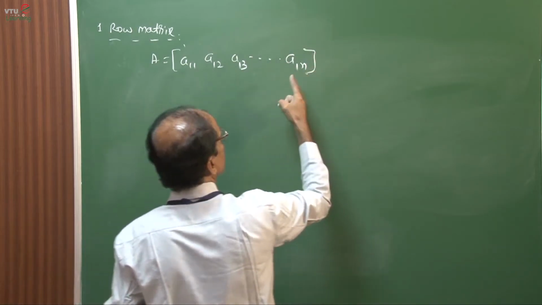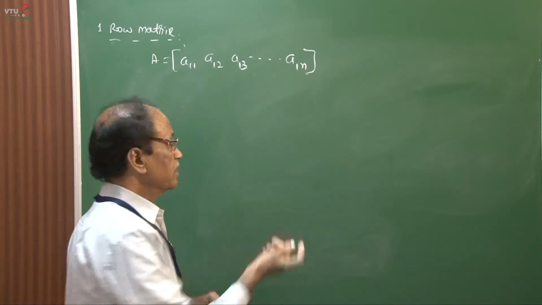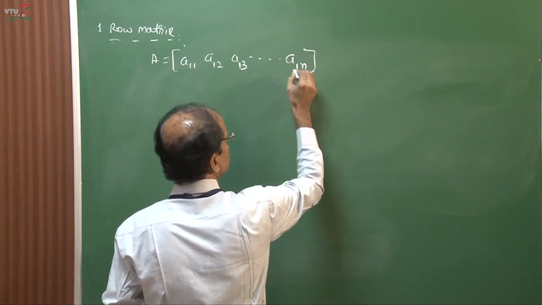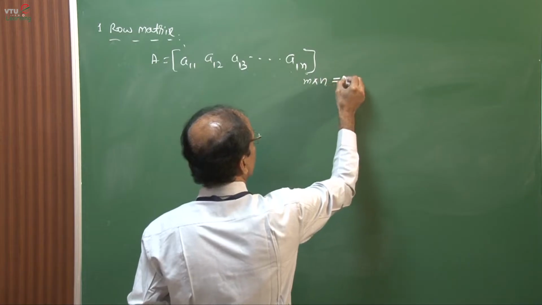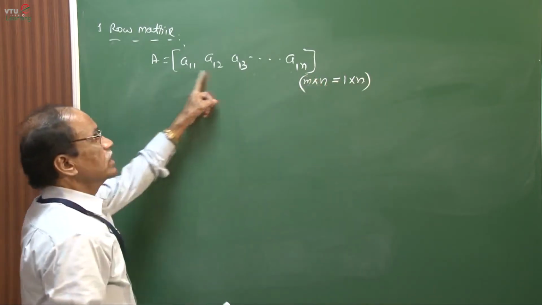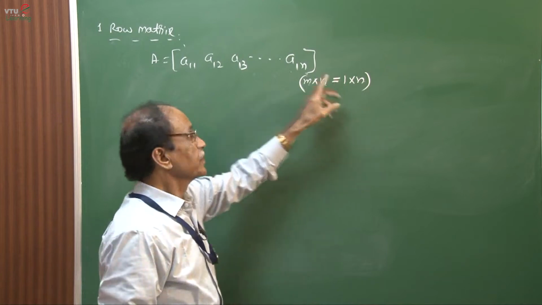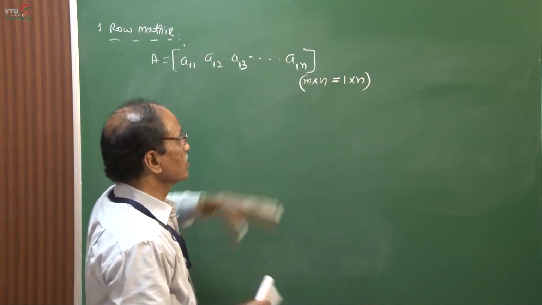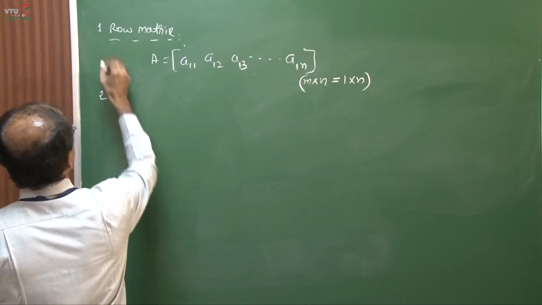That means this has m rows and n columns, which is 1 row into n columns. Only one row is there. Therefore, in place of m I am writing 1, and the total number of columns is n. Next is the column matrix.